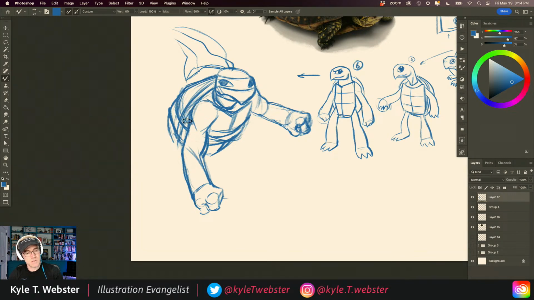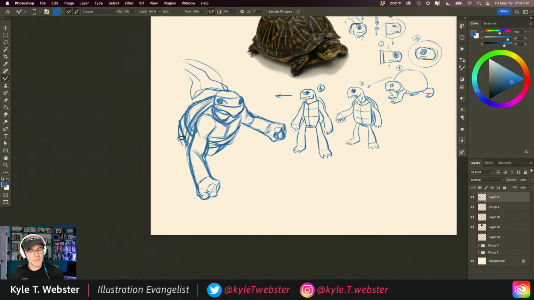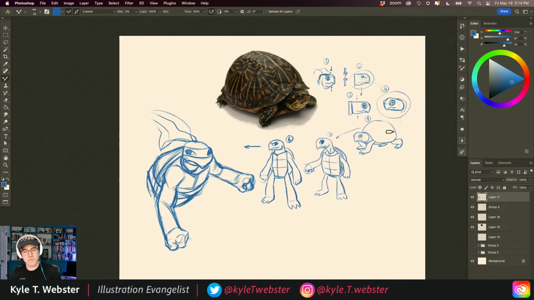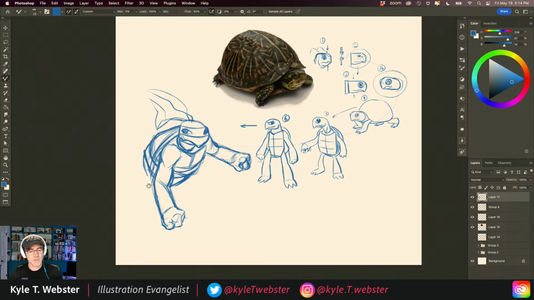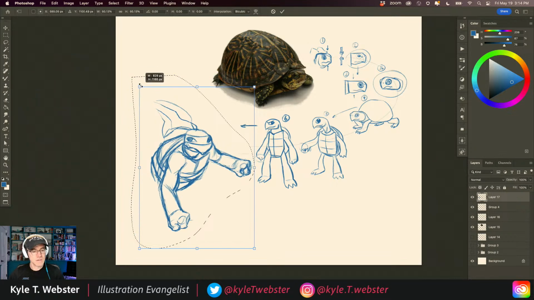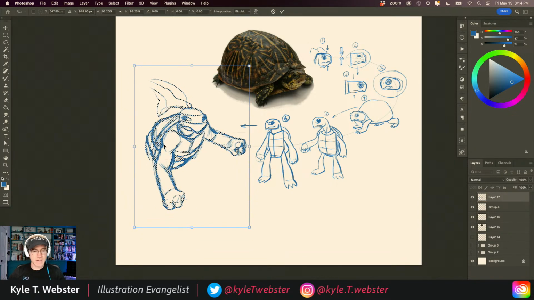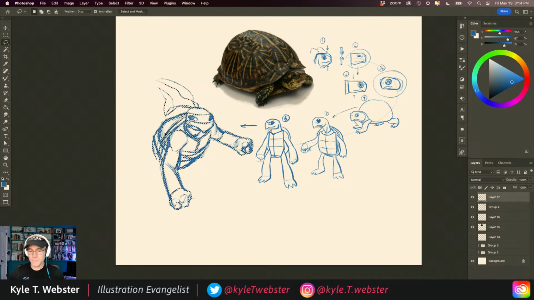Take this and broaden that out this way. But hopefully you can see how we're able to go through this process to arrive at something crazy if you think about it, but super cool, as a Teenage Mutant Ninja Turtle.